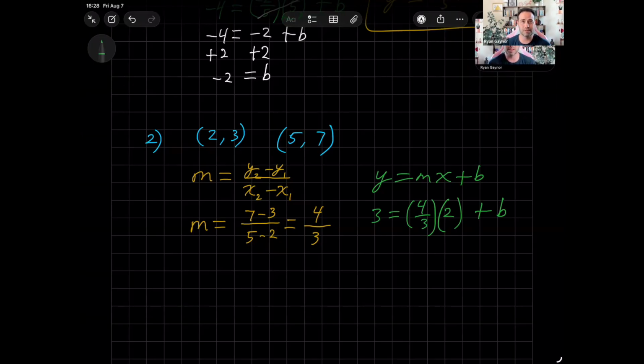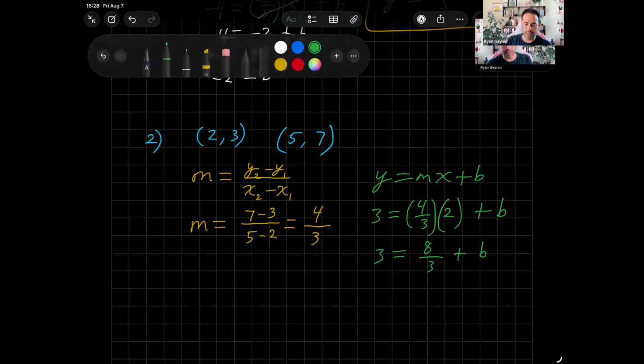We have 4 divided by 3, we can't reduce that. We have a 2 over 3 as well, we can't reduce that. So we're just going to multiply it. 3 equals, we're going to do 4 times 2, because those are both on the top. So that's 8. And then 3 times 1, right? Because the 2 is really 2 over 1. So that's 8/3 plus b.